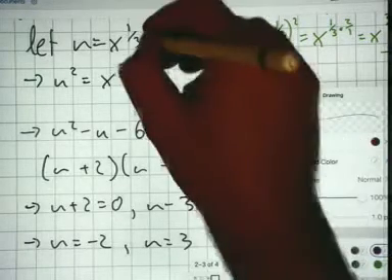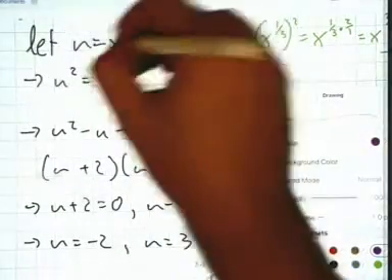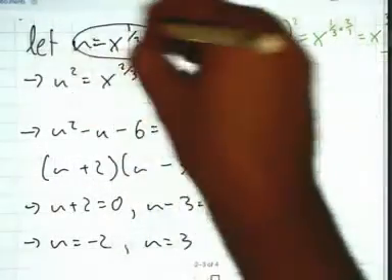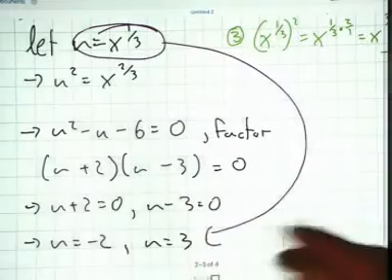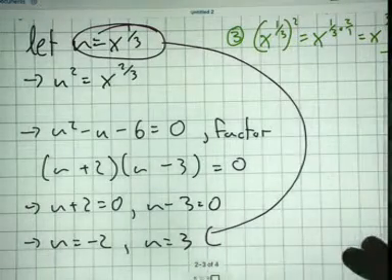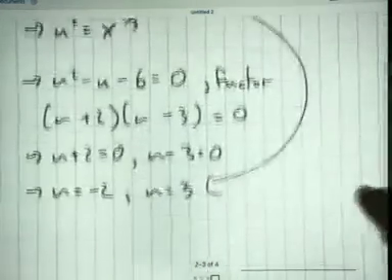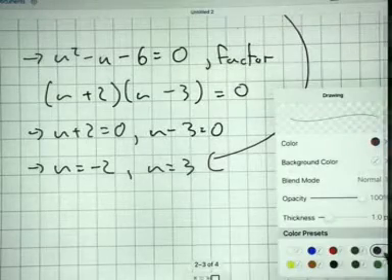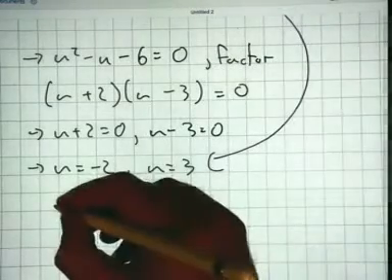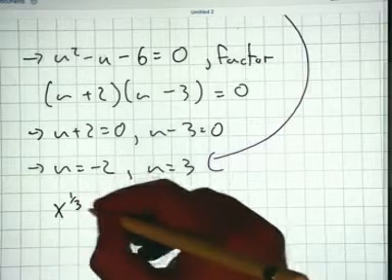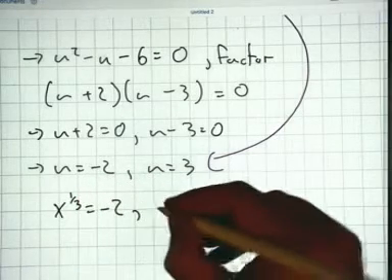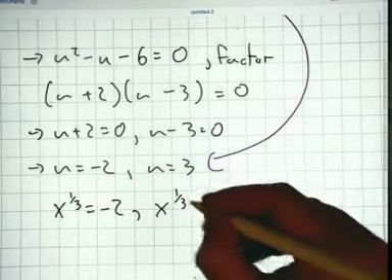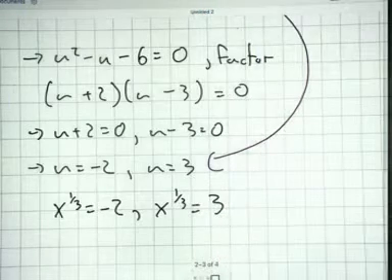So we're going to apply our substitution to what we have right here. We can now say that x to the 1/3 is equal to -2, and x to the 1/3 is equal to 3.